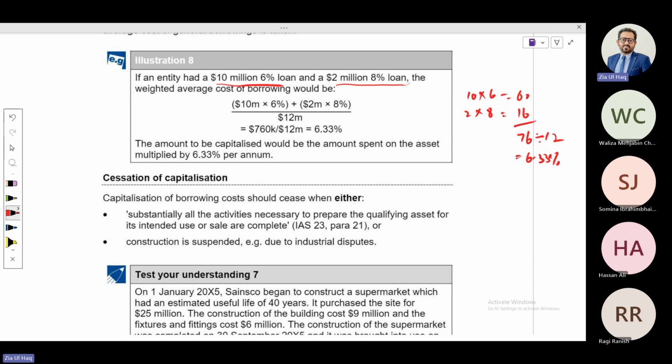If there is one loan, we can use that interest rate. But if there is more than one general loan, the cost of borrowing is calculated using the weighted average method: first loan into rate, second loan into rate, and the total is divided by the amount of loans, which is 12. So we can calculate the interest rate.